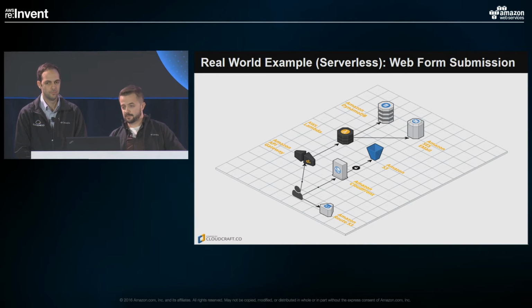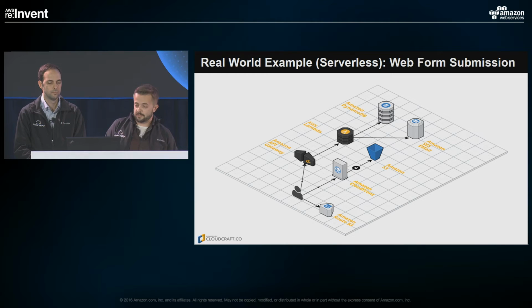We can expand this example and think about web form submission. Now in this diagram, a web form is being accessed, filled out, and submitted by an end user. Our presentation tier again consists of client browsers using Amazon Route 53 for DNS, CloudFront as a CDN, and for a quote that's being stored in S3. Our logic tier consists of API Gateway, which receives data from the submitted form and invokes Lambda.